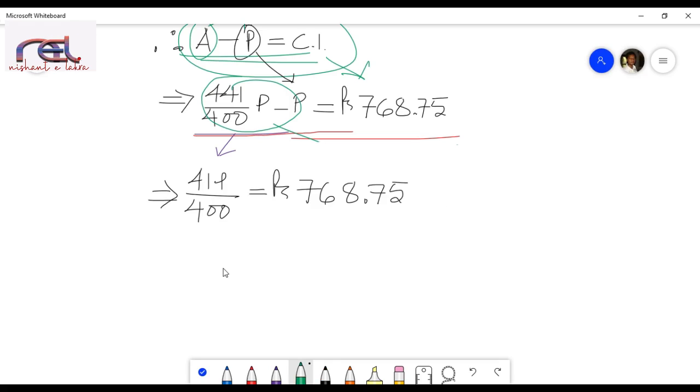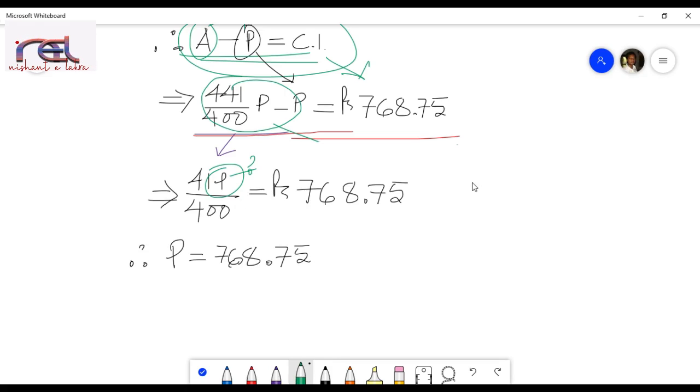Okay, now we have to find what? Principal. We have to make P the subject, right? And then we have the value of principal. So therefore principal, or P, is equal to the compound interest, that is 768.75. Now when we take a fraction to the other side of the equal sign, what happens?